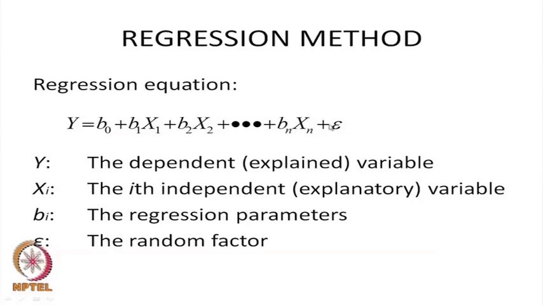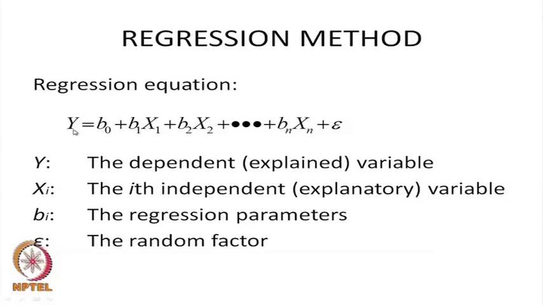This is the error term about which I was talking, and we would like to find out the estimates of the values of the parameters b0, b1, b2 and bn to be able to find out y.